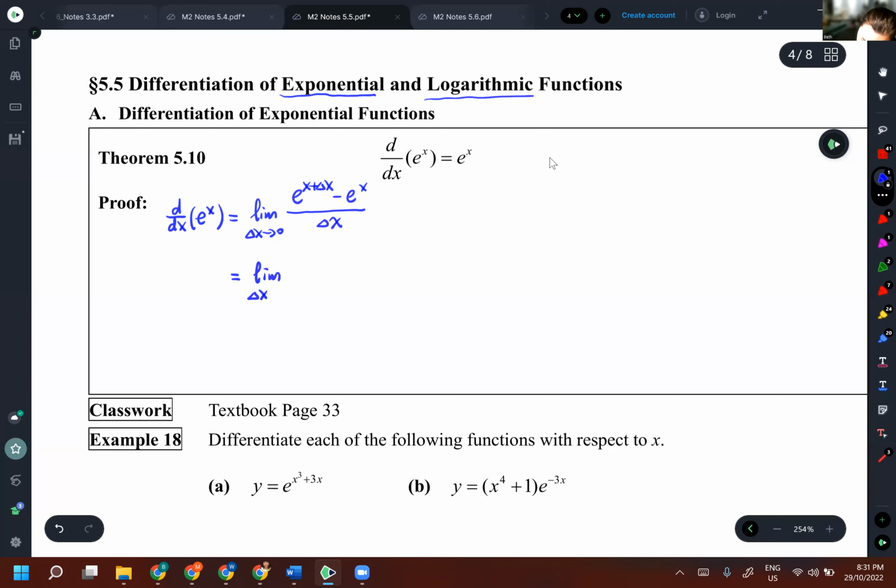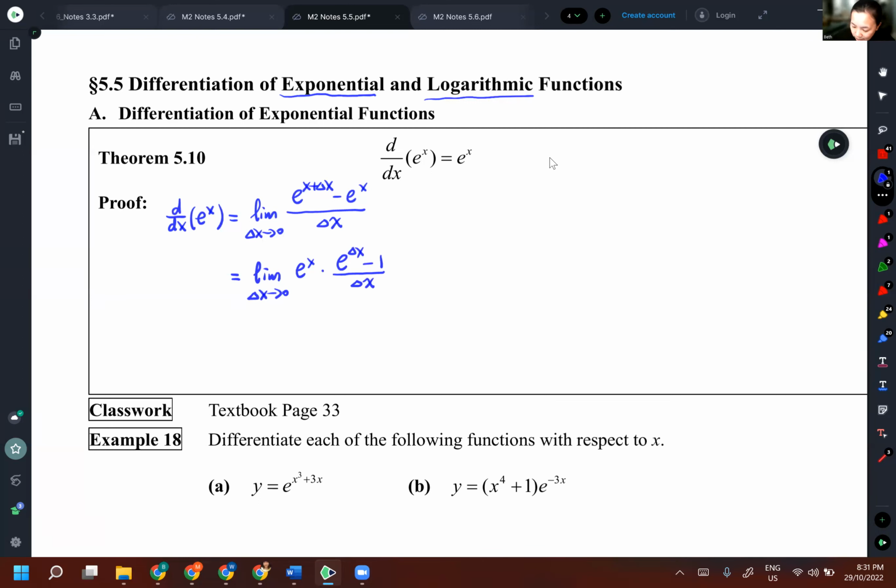And for this limit, you will take out e to the power x, and you're left with e to the power delta x minus 1 over delta x. And then we can split this into two parts.